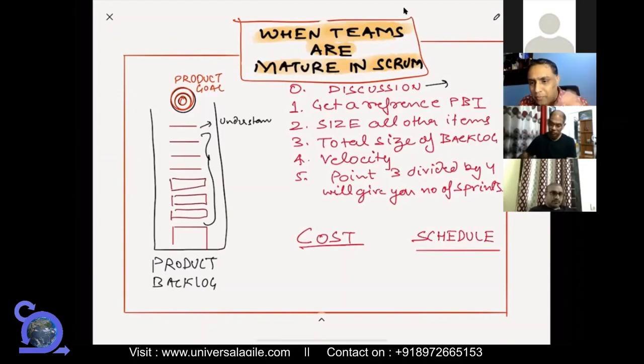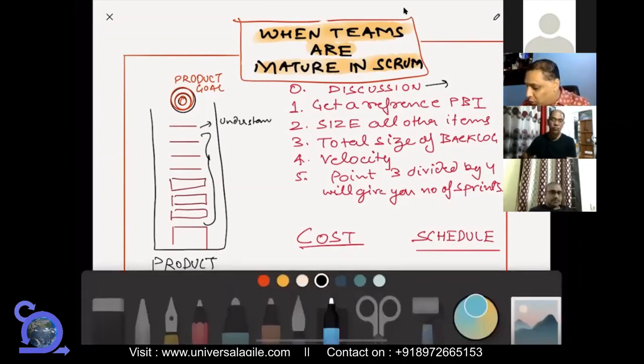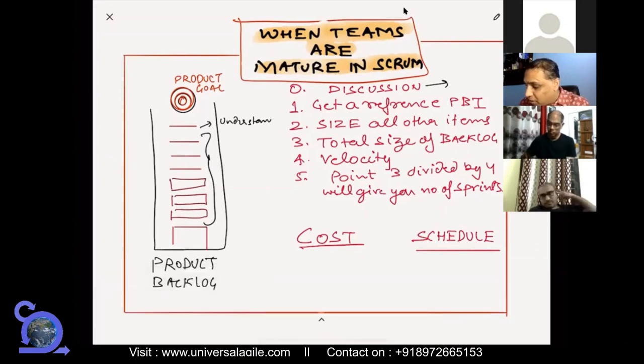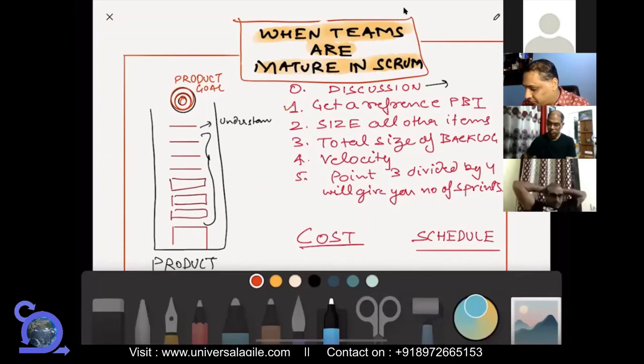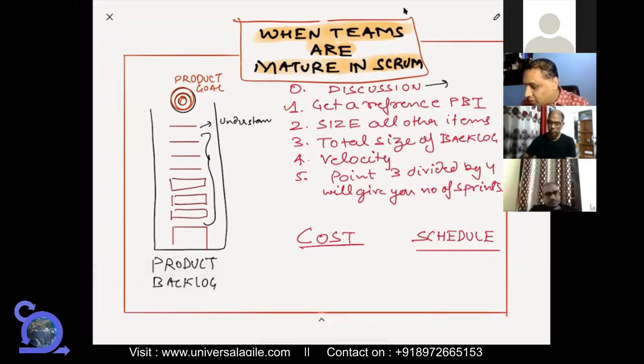Clear to everybody? Now, once you have understood on a high level, do you think this team can get to a common reference point? Yes, no, maybe? Let's say they decided this as a reference point and they start calling it 1.